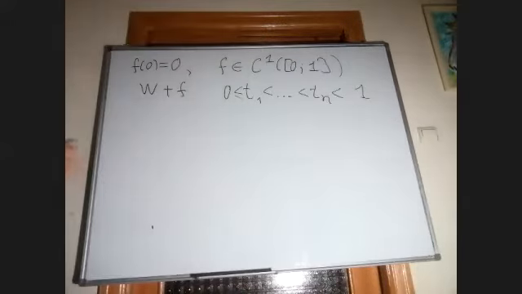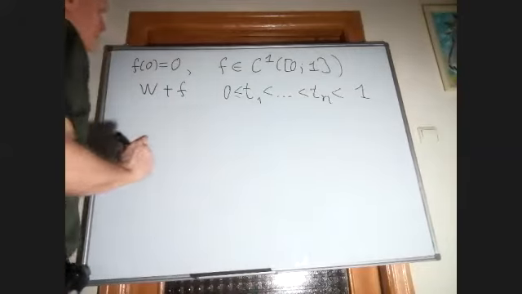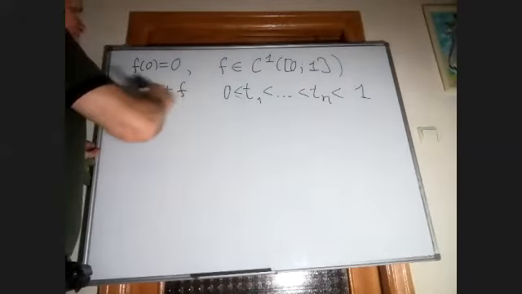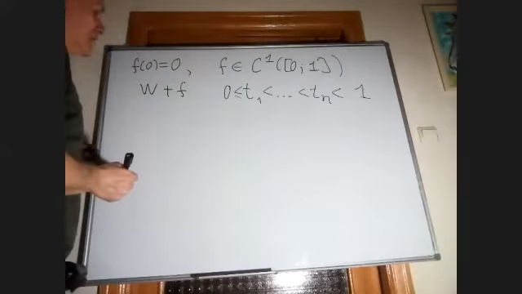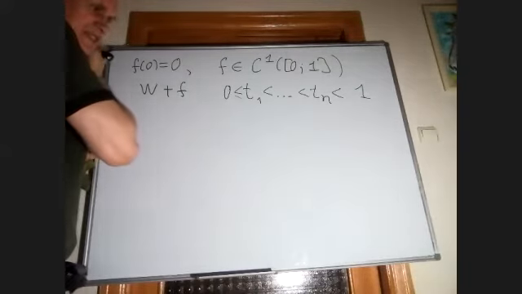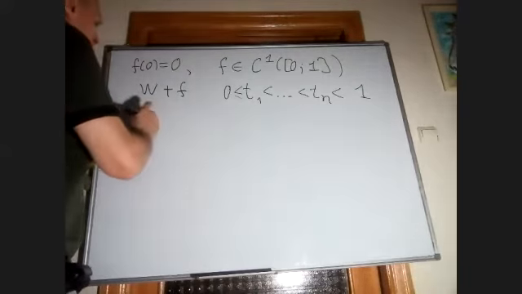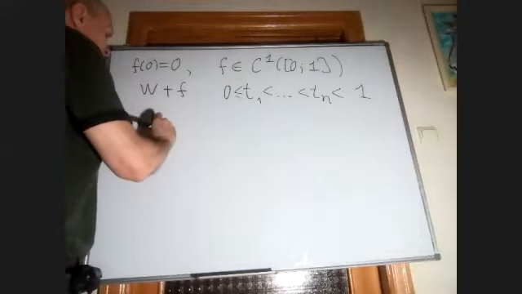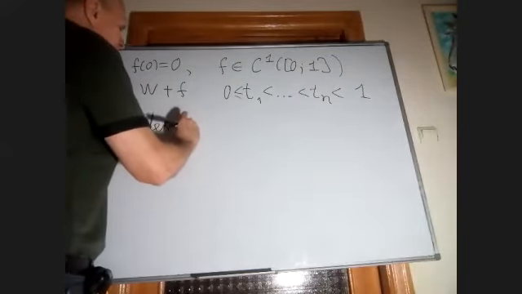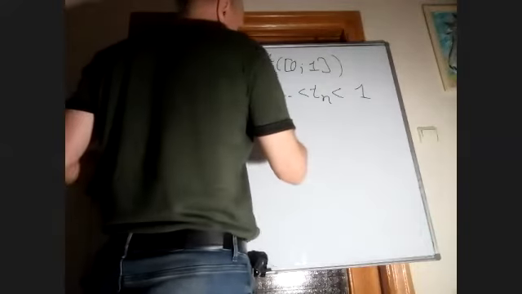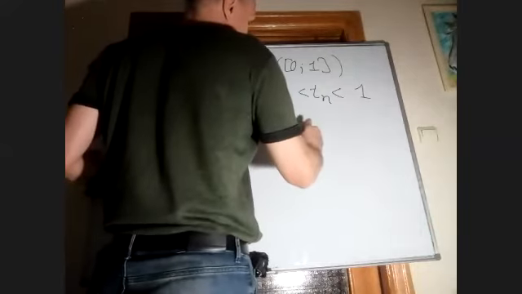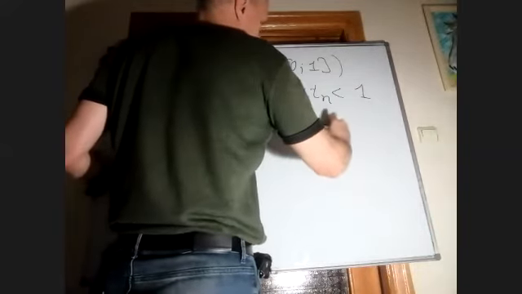And I will consider the distribution of this random vector. In order to do this, let us consider firstly the density of W t1, W tn.